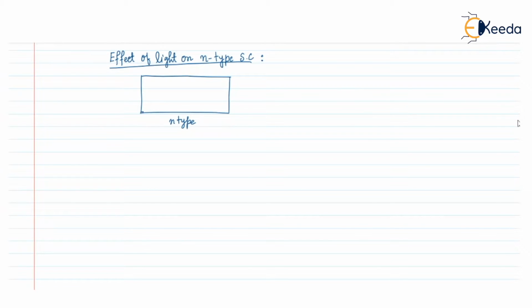This N-type semiconductor bar is at equilibrium condition. That means no light or no external energy is falling on the N-type semiconductor.